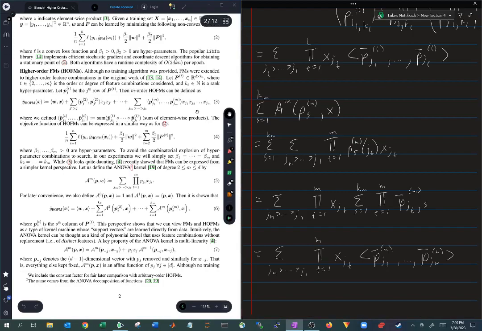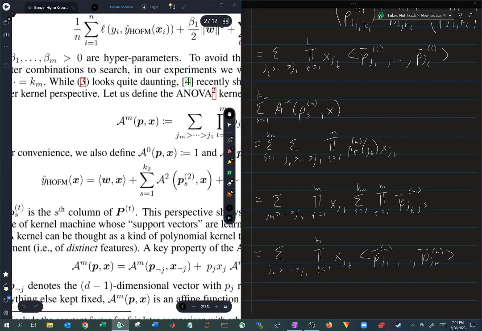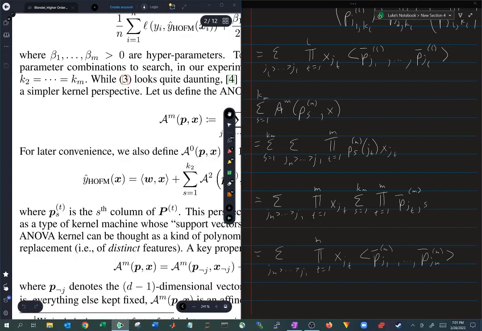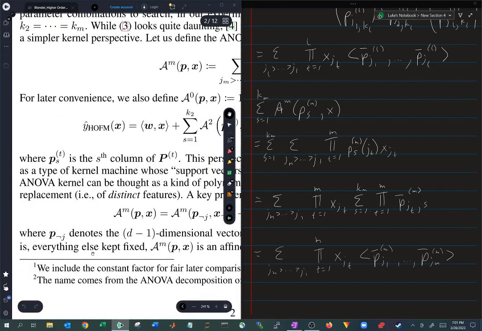Now we also need a property of this ANOVA kernel, which they refer to as multilinearity. And here they're again using really nice notation. So we have this P subset not J, because I think this appears sometimes in propositional logic. This symbol is basically like the not symbol.